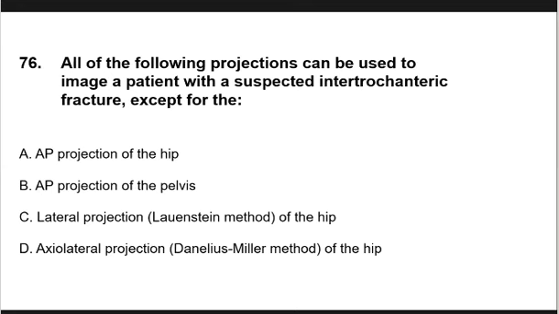Ano lang hindi pwede? That is the lateral projection or the Lowenstein method of the hip. Pag sinabi nating Lowenstein method, that is the lateral projection of the hip, single hip joint fracture. So in other words, sa Lowenstein method, naka-frog leg ang pasyente unilaterally.